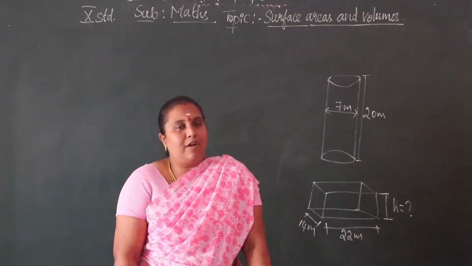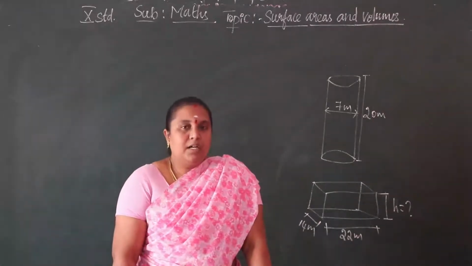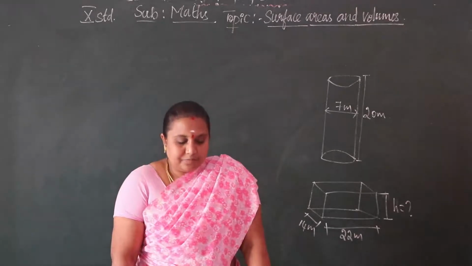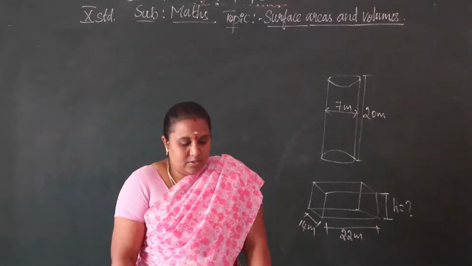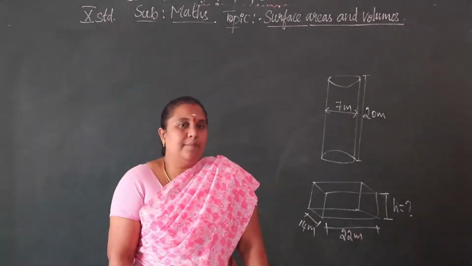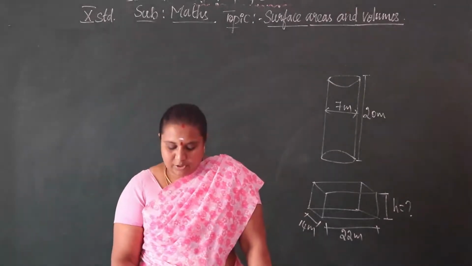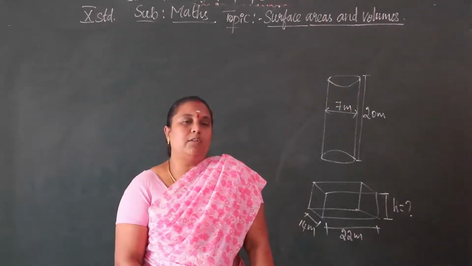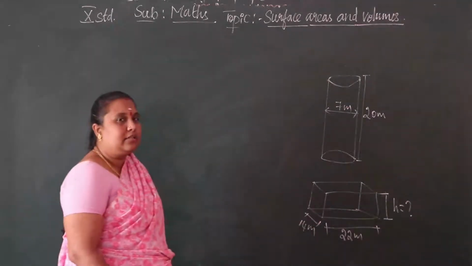And the volume of the earth dug out is the volume of a cylinder. What is the volume of cylinder formula? Pi r square h. We have to compare these two.